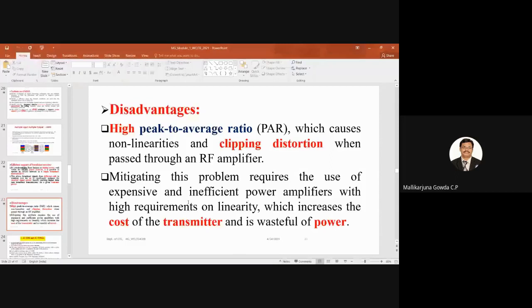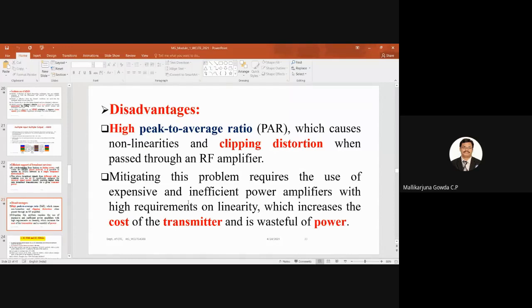To mitigate this problem, it requires the use of expensive and inefficient power amplifiers with high requirements of linearity, which will increase the cost of the transmitter and is wasteful of power.